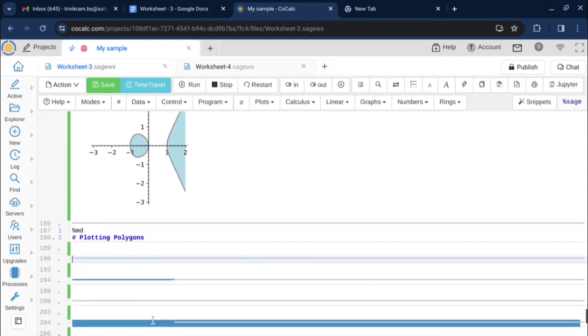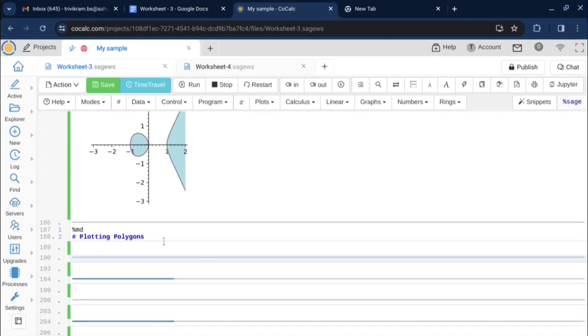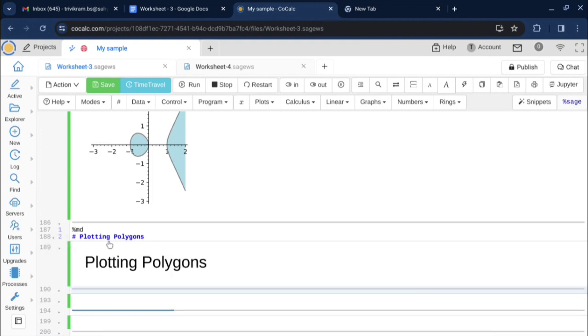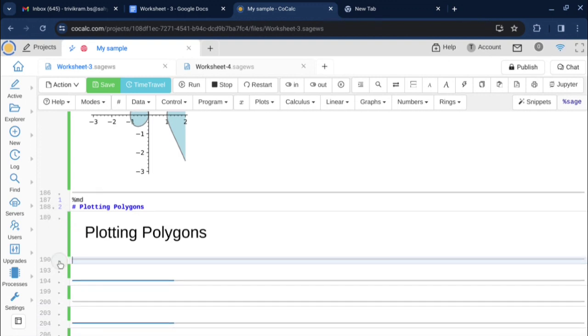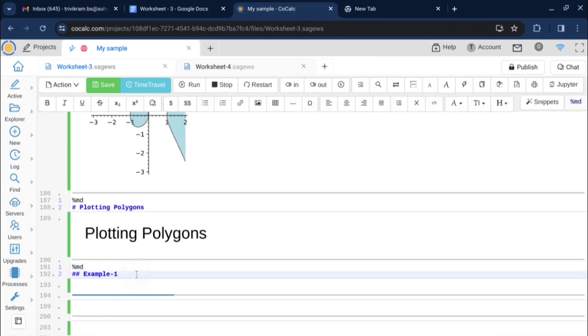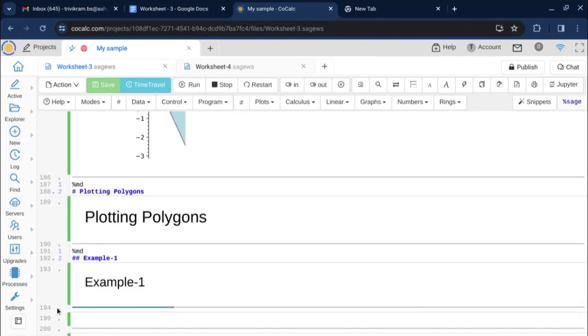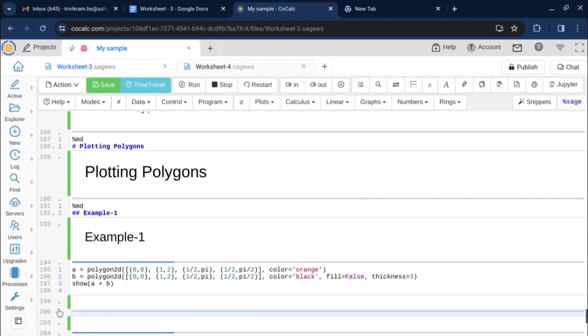Next I am going to discuss polygon plotting. So let us see the polygon plotting. Now just run with an example 1. Example 1 I have taken as a set of points with orange and black.